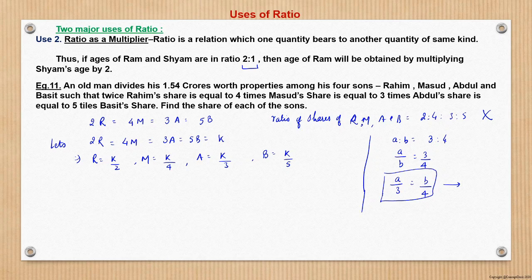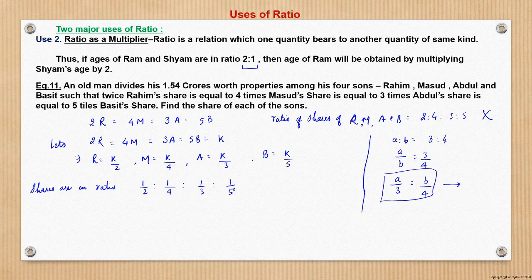So basically what we learn is that the shares are in the ratio 1 by 2 is to 1 by 4 is to 1 by 3 is to 1 by 5.